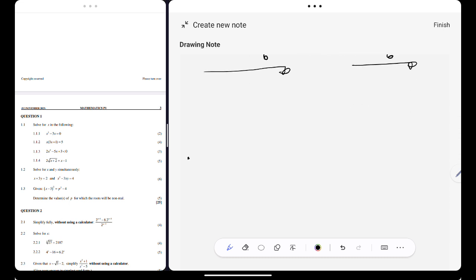Here I'm dealing with inequalities. 1.1.3, I have 2x squared minus 5x plus 3 is less than 0. For me it's simple here because everything is in standard form. I just need to factorize.